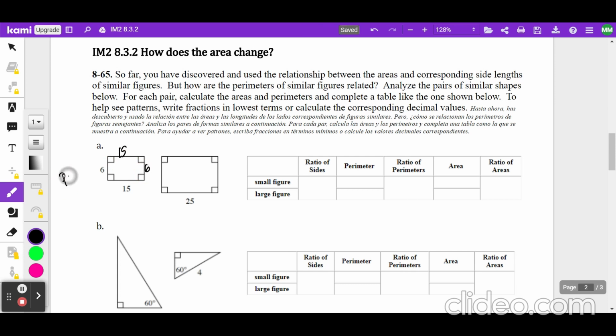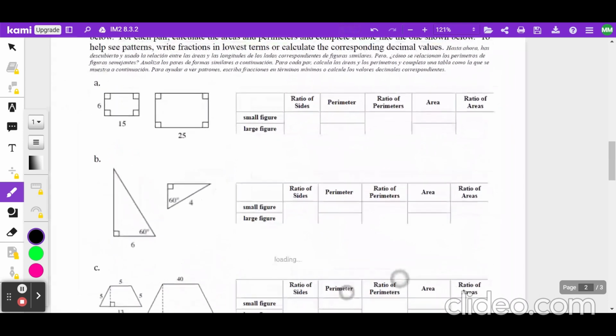The perimeter for this one is 15 plus 15 plus 2 times 6, which is 30 plus 12, and that's 42. So the small figure has a perimeter of 42. Okay. The area of the small figure is 6 times 15, which is 2 times 3 times 15. 2 times 45 is 90.